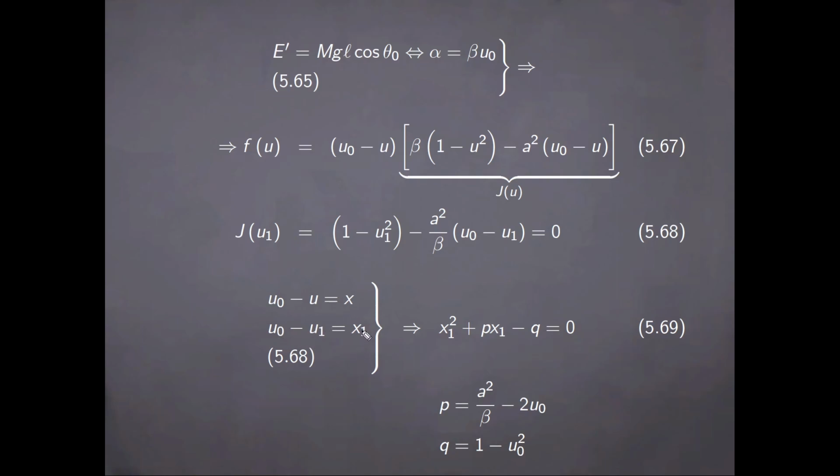So this is noted by x1. And putting these things together in 568, you can show quite simply that this equation reduces to the following quadratic equation for x1 in terms of the coefficients p and q that are given here.